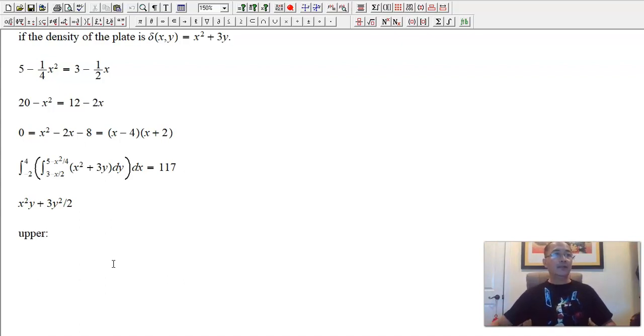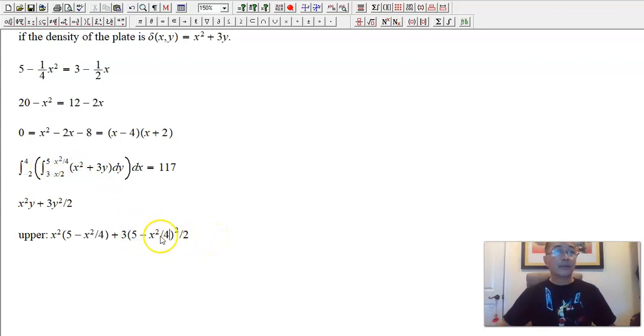Okay, so for the upper limit, we will have x squared y, so x squared times (5 minus x squared over 4), plus 3y squared over 2. So we plug in (5 minus x squared over 4).